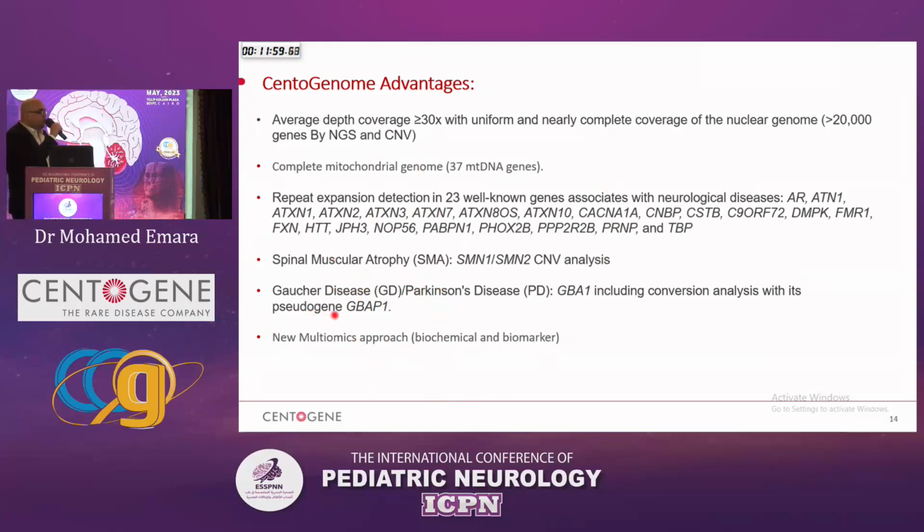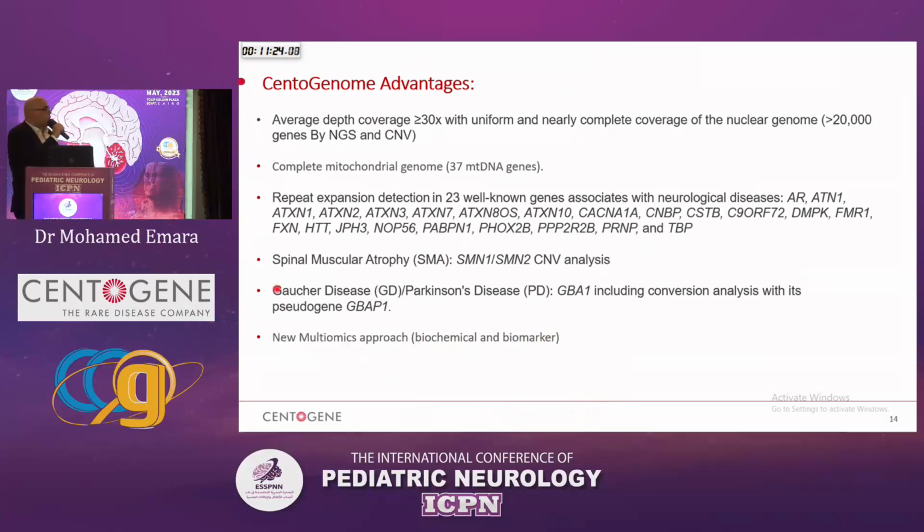Also, the new whole genome is amenable to the new multi-omic approach, which now includes biochemical and biomarker testing. To put it simply, when a patient is diagnosed with a variant, and this variant is related to a certain disorder which has a biomarker or biochemical enzyme, this biomarker or enzyme is done as a reflex complementary analysis on the backbone of the test in order to confirm the diagnosis.